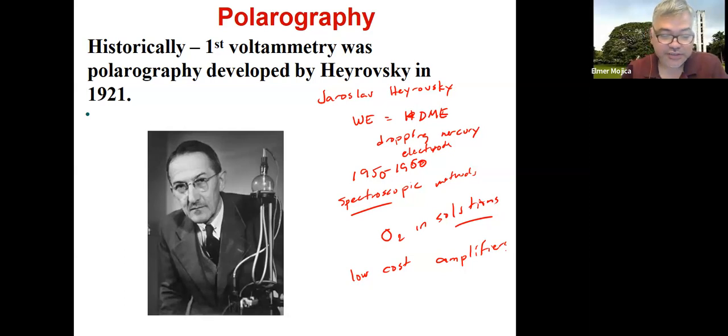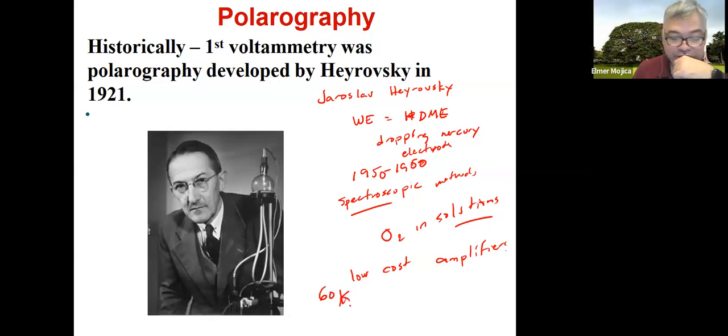So there was a resurgence of its use, but because of the nature of mercury, its popularity declined, especially after the Minamata disaster.